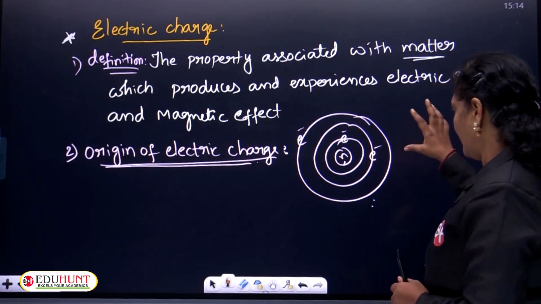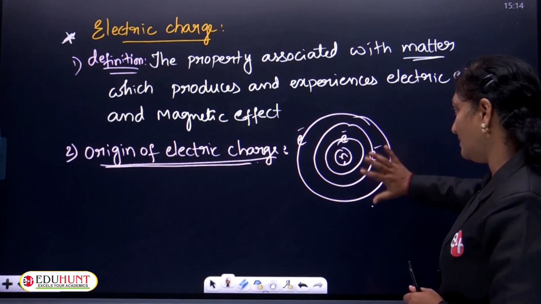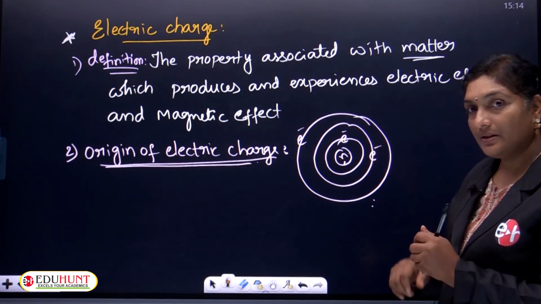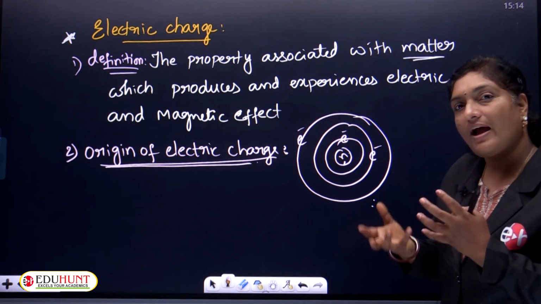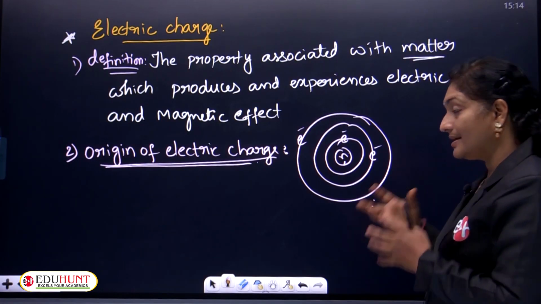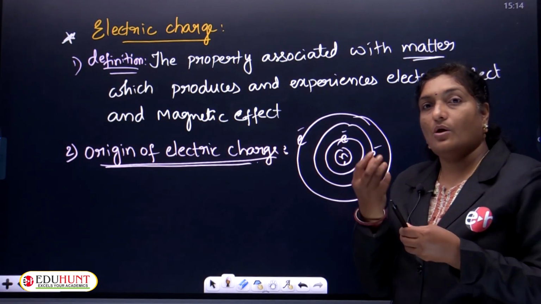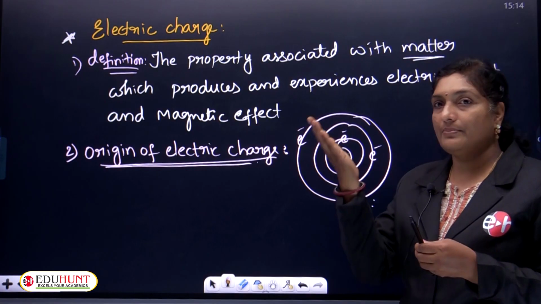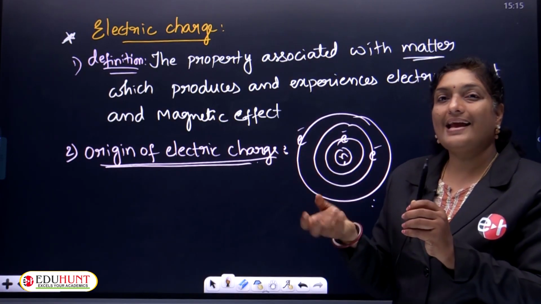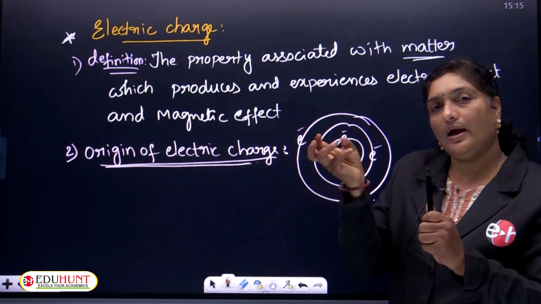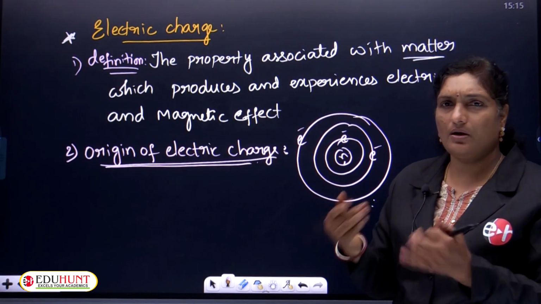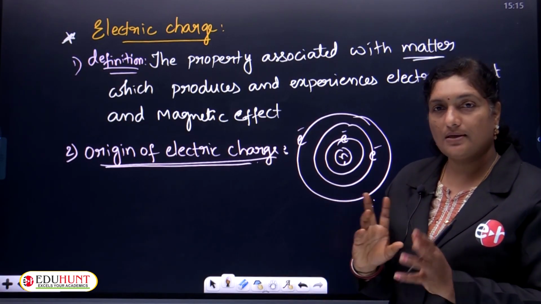So whenever we are disturbing these atoms by rubbing or something like that, then this neutrality of the atom gets disturbed. That means there is a tendency that these electrons can move either from the first body or from the second body. So the electrons will move from one body to another body, whether from first to second body or second to first body, it all depends. Okay, based on that neutrality.